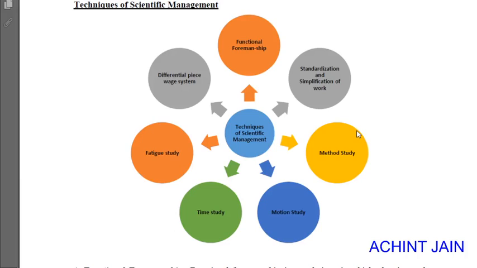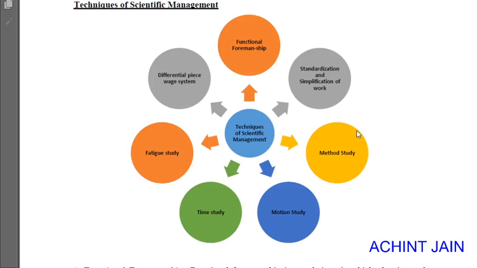Taylor used stopwatches, movie cameras and various symbols and colors to identify different motions. Through motion study, Taylor was able to design suitable equipment and tools and to educate workers on their use. The results achieved were truly remarkable.